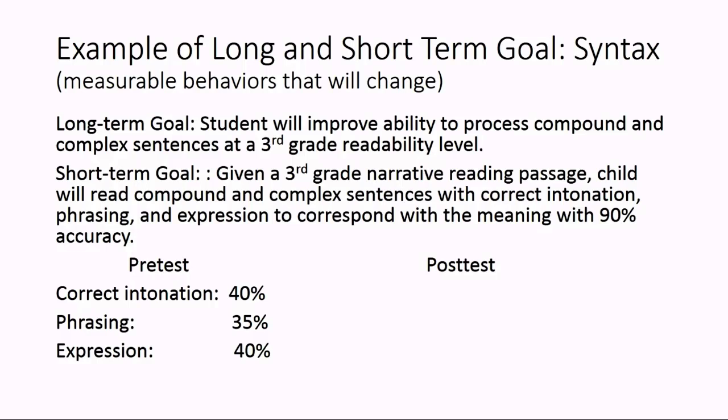So I can go in and I can count what the intonation was like at the beginning. 40% correct intonation, 35% phrasing, 40% correct expression. At the end, I'm hoping that those percentages will change and go up to the 90% criterion.